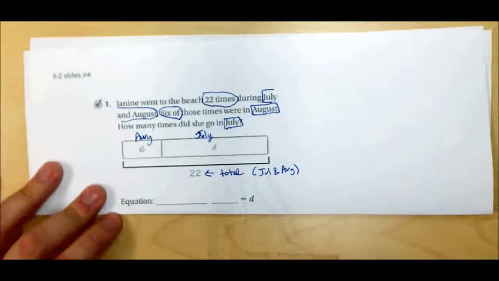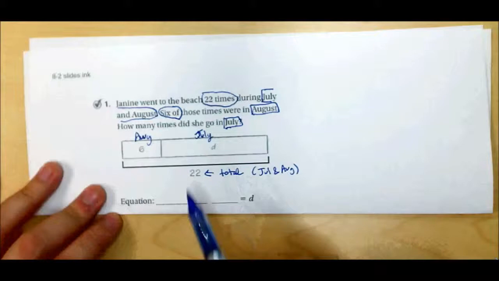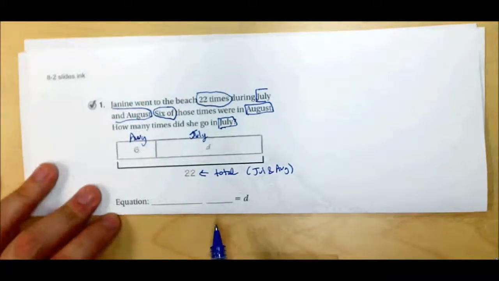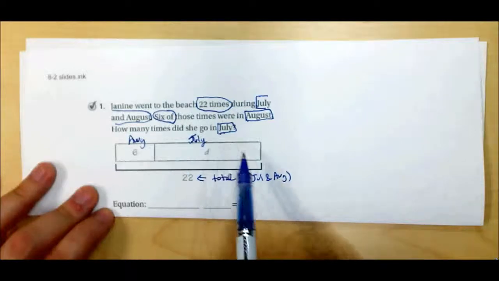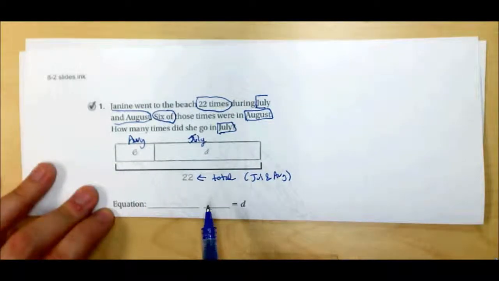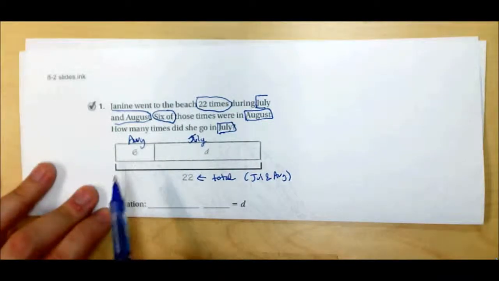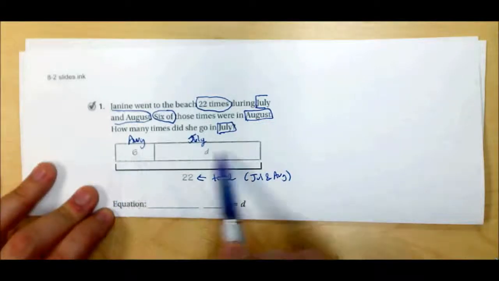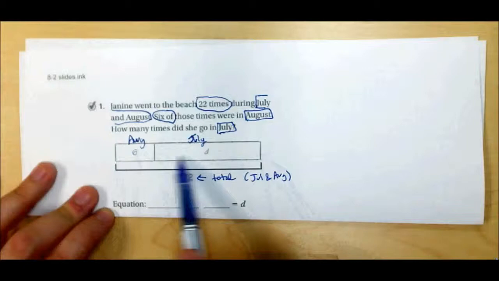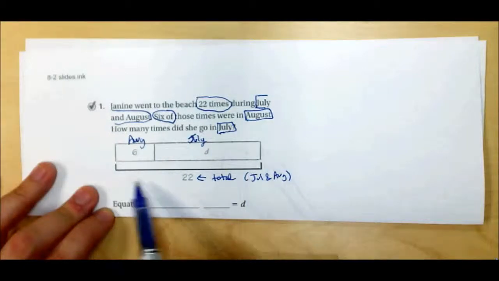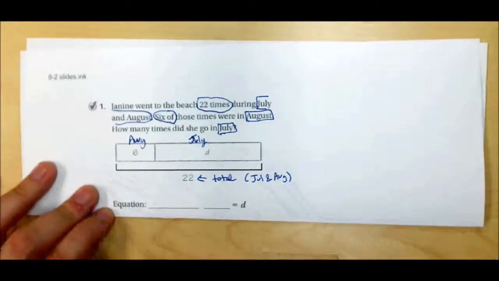Now, this is something you have to do on your homework. But once you have this picture, it's really easy. There are several perfectly valid equations that can be made from this picture. One thing I like to do is to take note of the fact that all of this is equal to this. We have this box here, and then we have this 22, which represents the entire quantity.